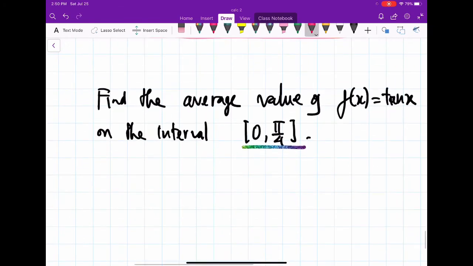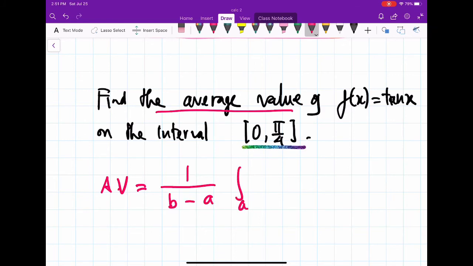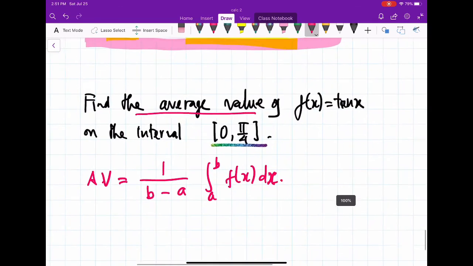Before that, I would like to remind you of the formula for the average value. So we have the average value of the function equal to 1 over b minus a, integral from a to b, f of x dx. What is that?